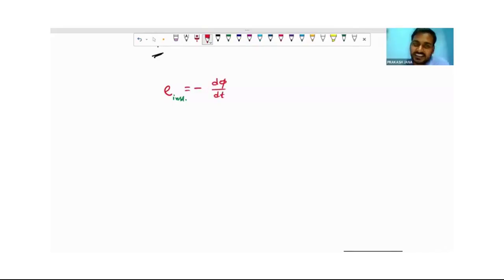This minus sign indicates that the induced EMF opposes the cause that produces it. Also, we can write the average induced EMF as minus delta phi by delta t. Okay, so these are the formulas we now have.